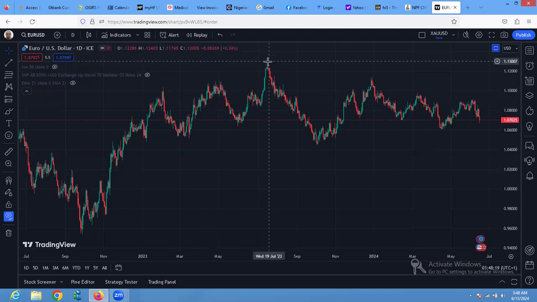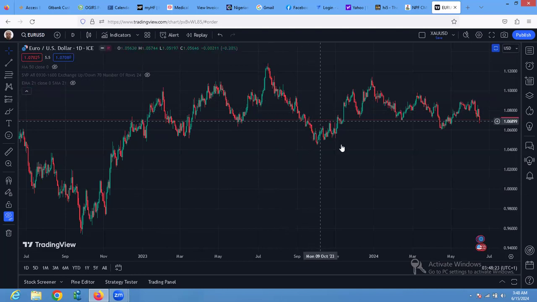If you draw your trend resistance from here to here, this wave has broken it, which means that this wave is complete. If you draw your trend line from this low up here, this wave will cross it, means that this is done.